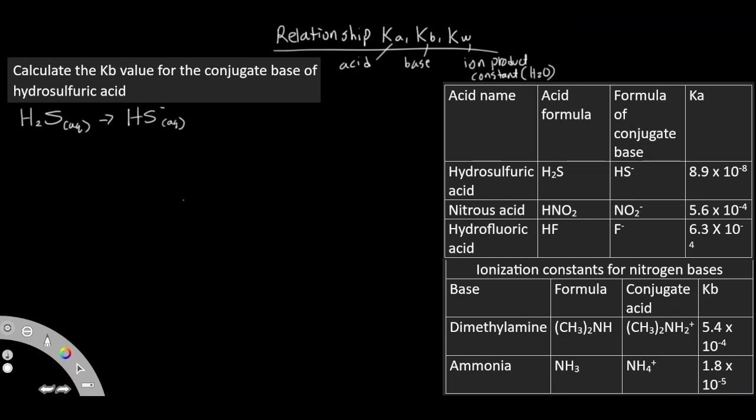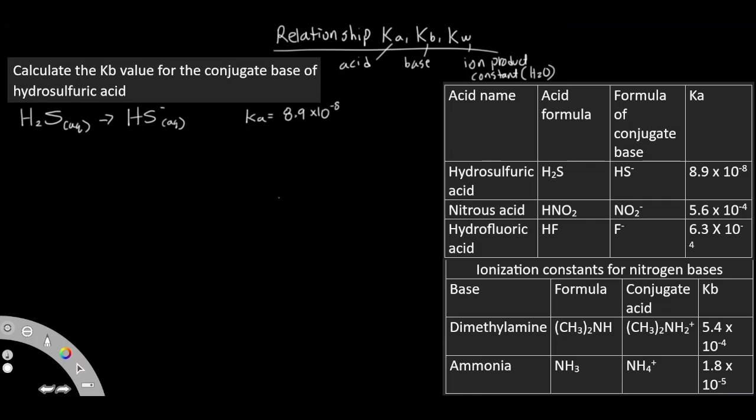What is the Kb value of this? Well, let's look for hydrosulfuric acid. Well, we see this right over here, okay? And we see that its Ka value is simply 8.9 times 10 to the negative 8. So let's write that on the side here. Now what do we do? Well, we're going to get this Ka value and plug it into a specific formula.